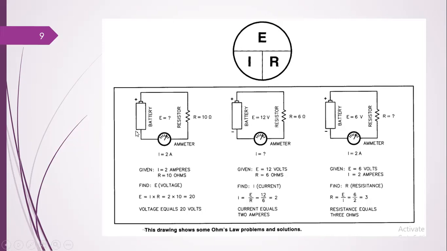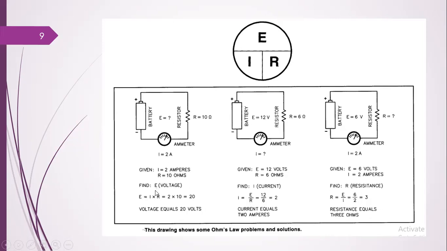The battery, which has positive and negative, is connected with the resistance, having the ammeter, which measures the amperes of current, with a value of 2 ampere, and the value of potential is unknown here. But fortunately, out of three, we know two entities. Given the data, a current of 2 ampere and a resistance of 10 ohms, we need to find the value of E, the voltage potential.